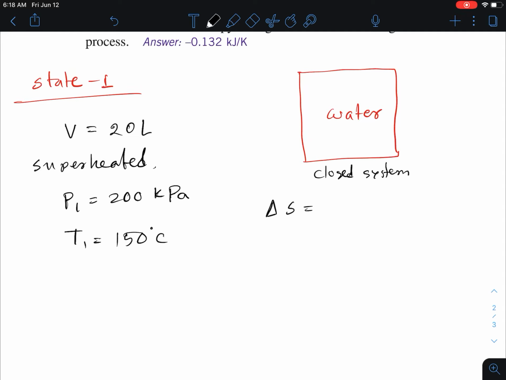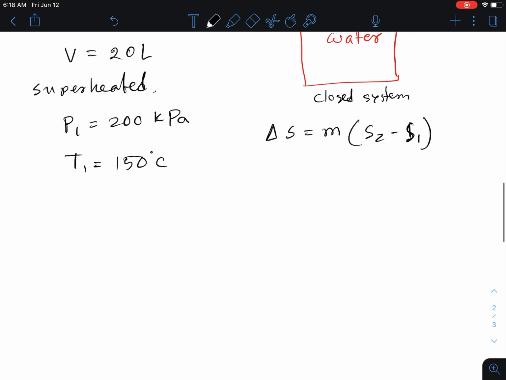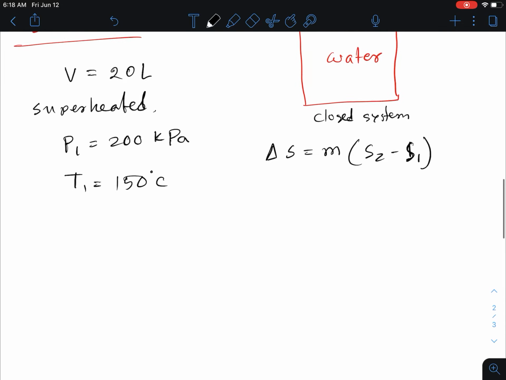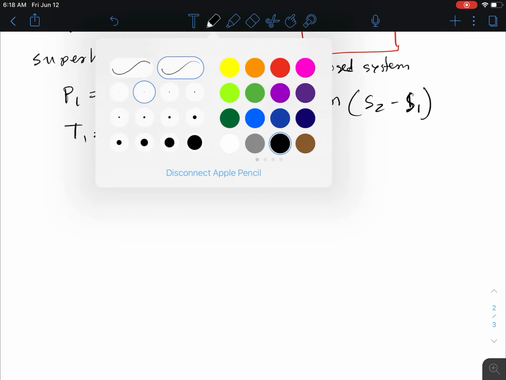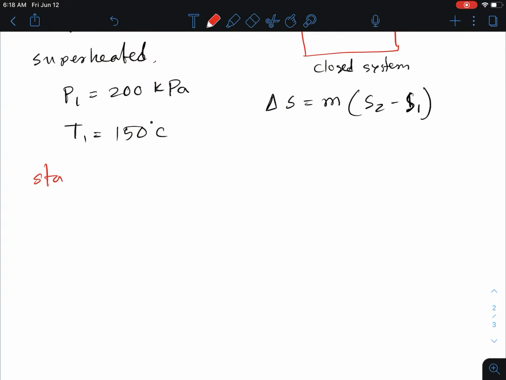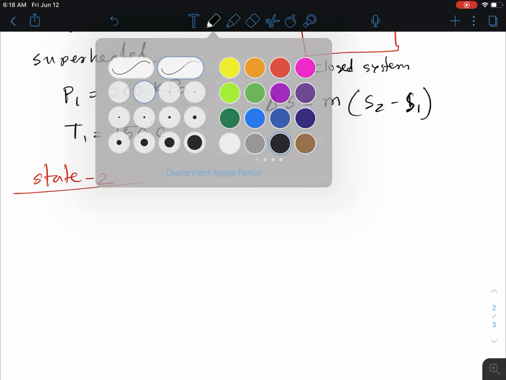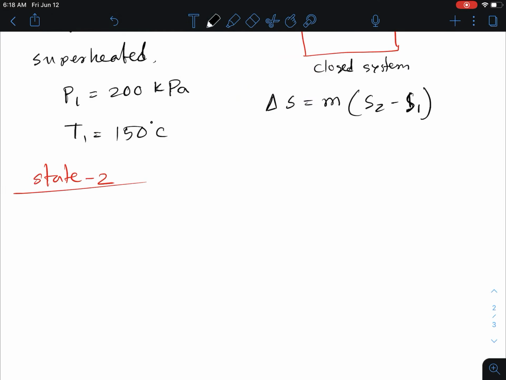Entropy change is nothing but delta S equals m times (S2 minus S1). So S2 is the entropy of state 2 and S1 is the entropy at state 1. So at state 2 we have only the information about the temperature, right?